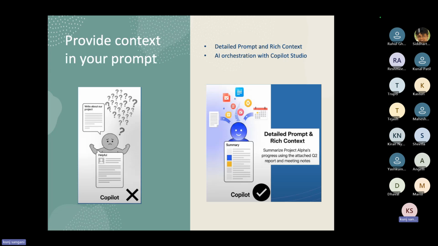I cannot just type, write about our project. When we say that, Copilot will not understand what type of project I'm talking about. So I should give context, that I am talking about a project, for example Alpha's progress. It could be your own project, whatever is in your context, you can specify it, and based on that, it will be able to provide you the response.